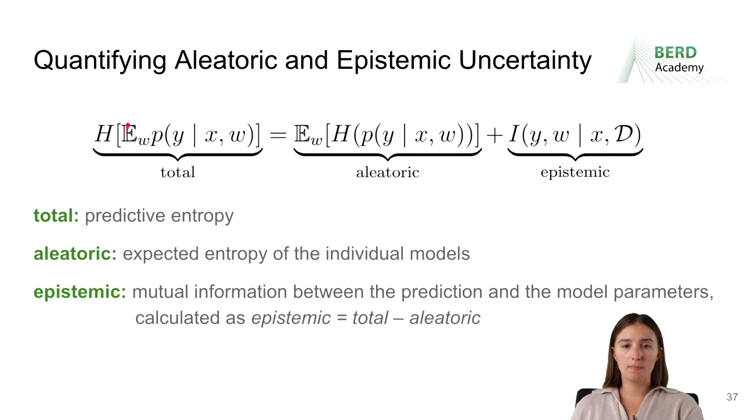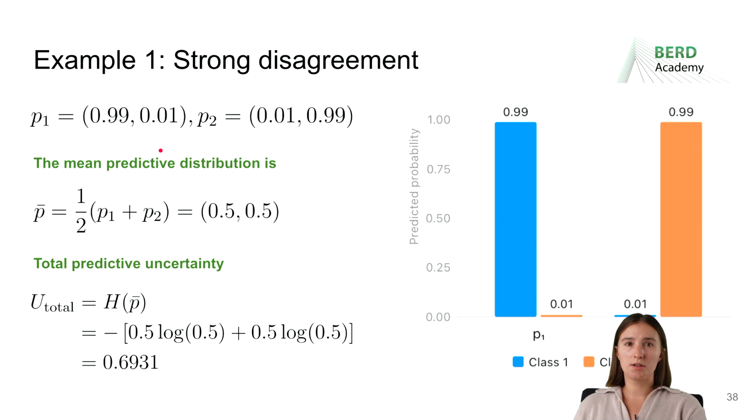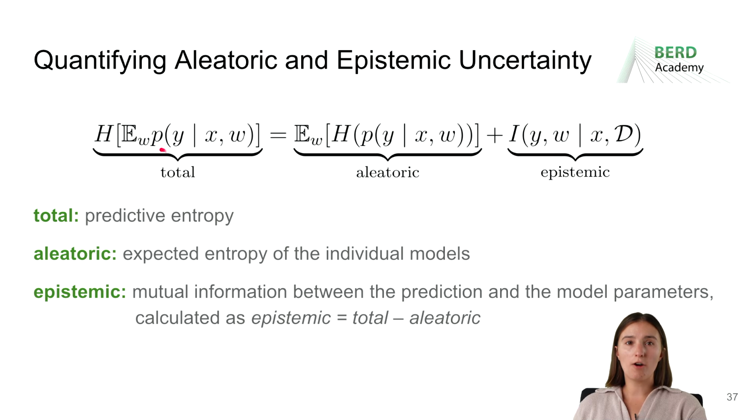This E here is the expected value, given all the weights of our posterior, of our predictions given the data and the weights, which makes sense because the entropy just measures the uncertainty or the chaos of the predictions, and the more spread out the expectation over the predictions is, the more uncertainty or entropy we have.